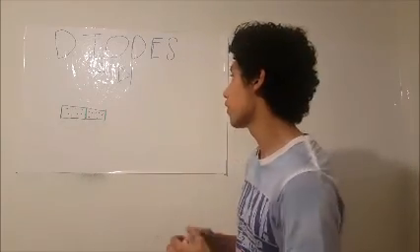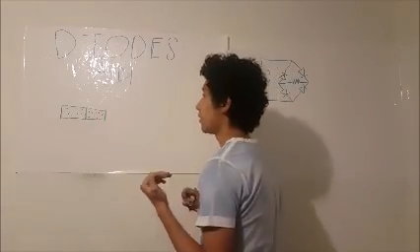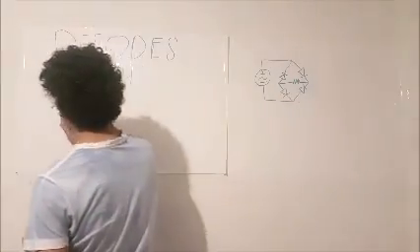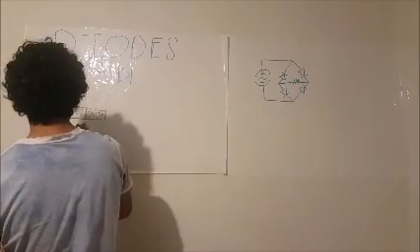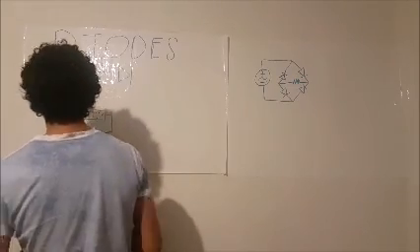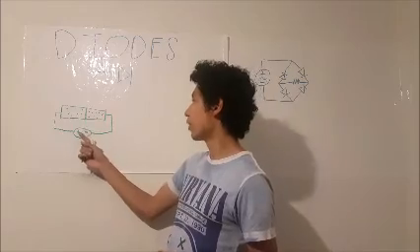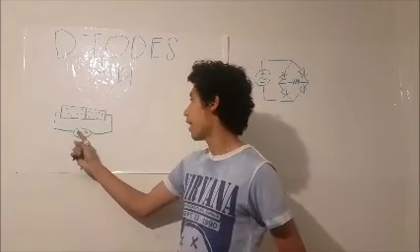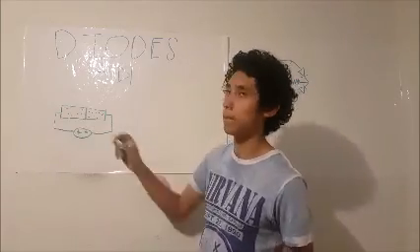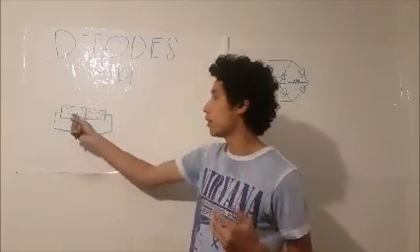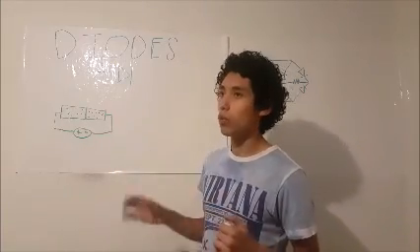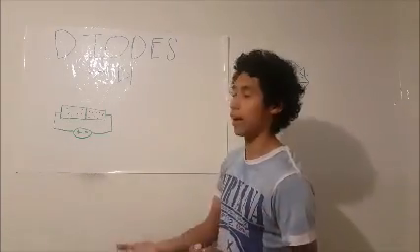Now, the special thing about diodes is that they can or cannot conduct. For example, when we connect it to a source and the positive end matches with the positive side of the diode, the one with fewer valence electrons, and the negative with the negative, it will work almost as a normal cable.